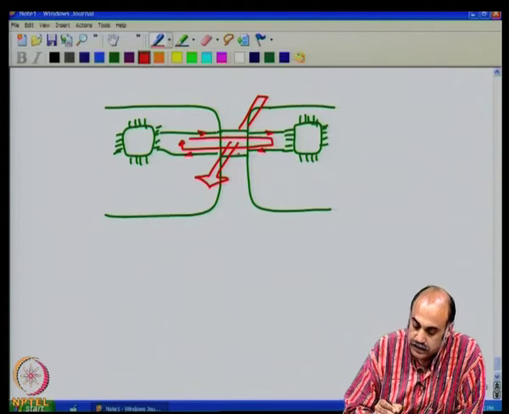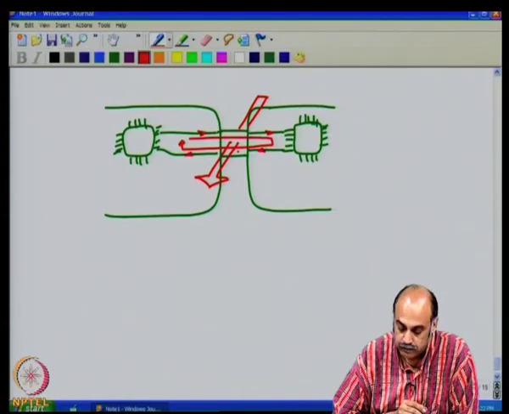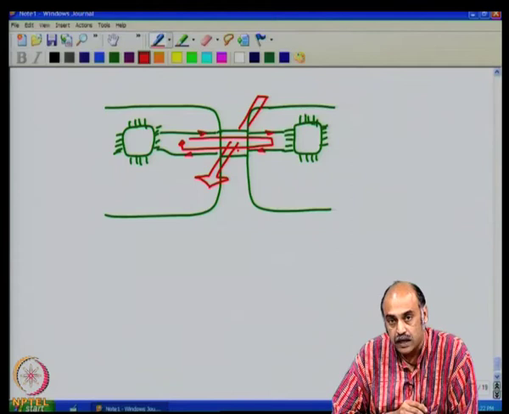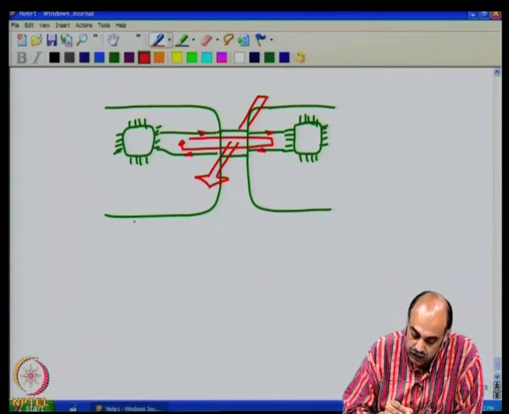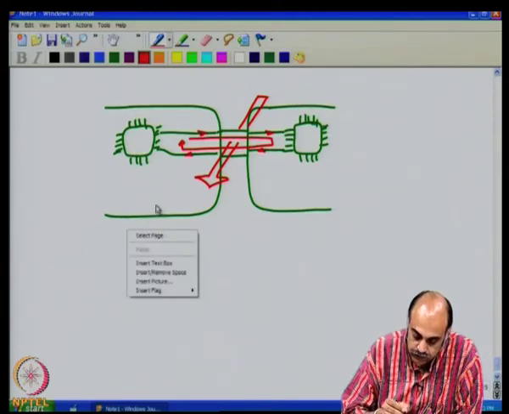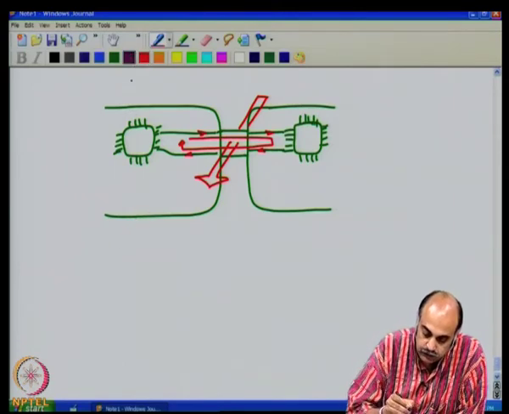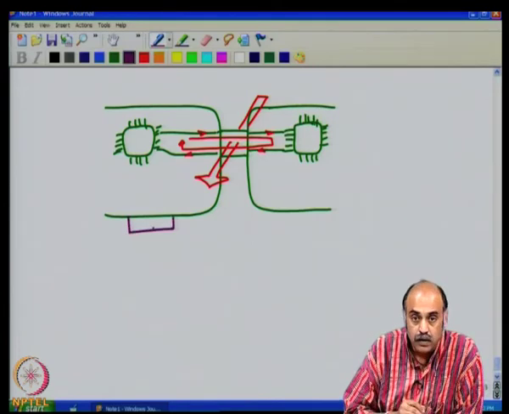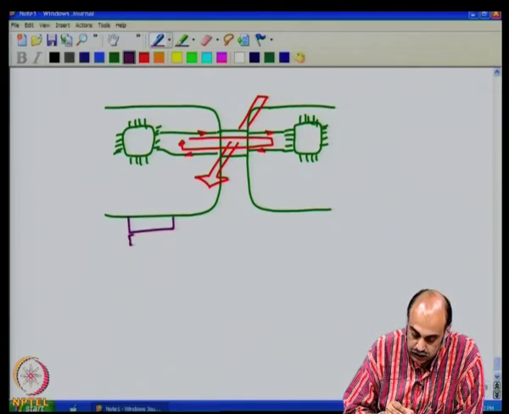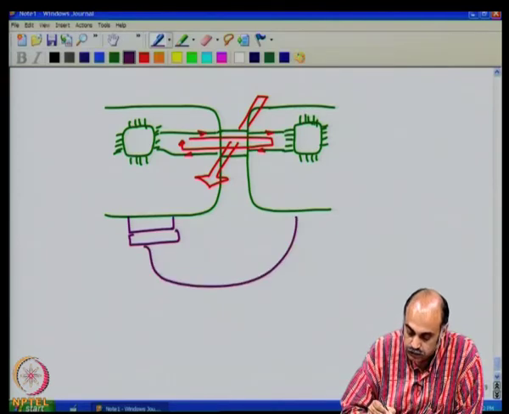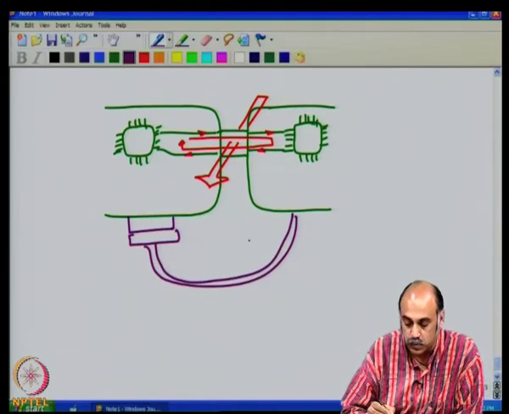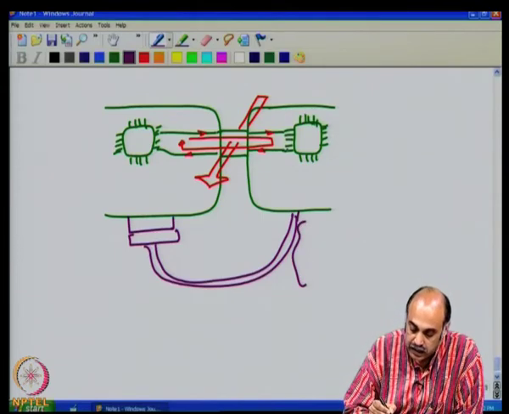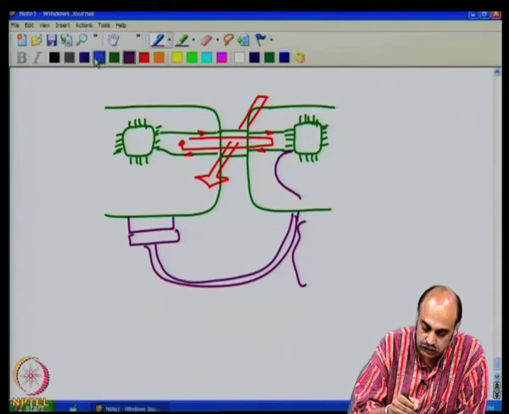Now, this itself is a small area. However, the problems occur if I am having a different connector, let us say there is another connector at some other part of the board and to which is connected this board through a cable somewhere, which may come through this or maybe from some other portion of the board. So, there can be a path through this. Let me show it in a different color.